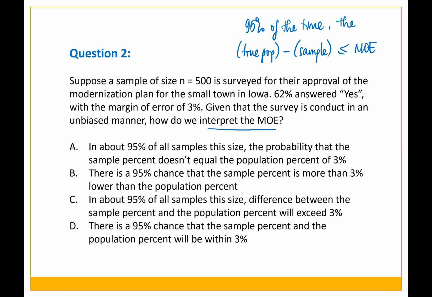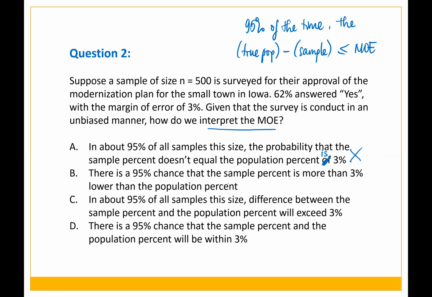The probability that the sample percent doesn't equal the population percent is 3%, which doesn't have anything to do with this statement. So this is not the one that we're looking for.